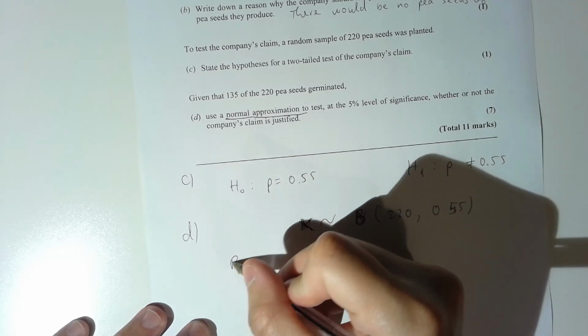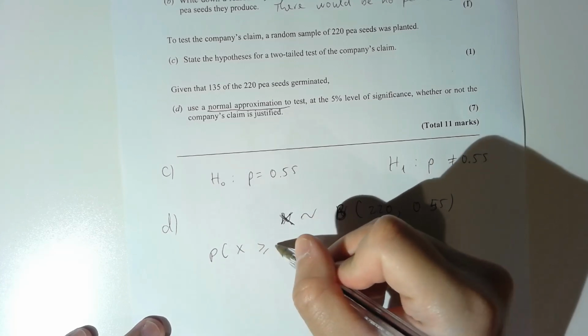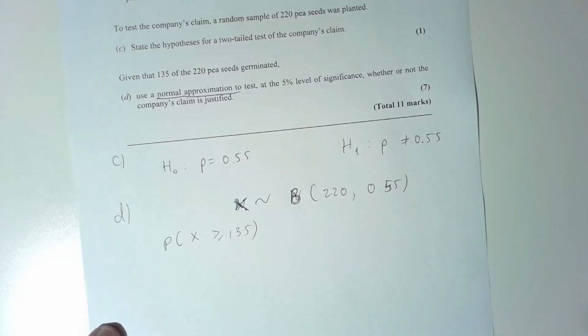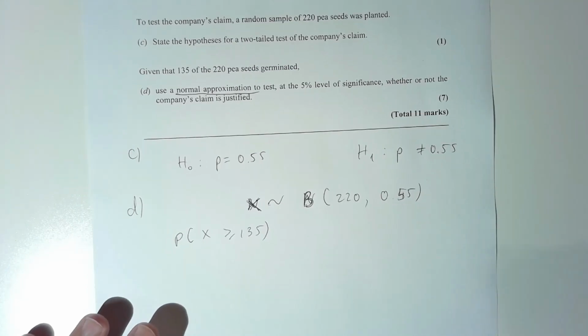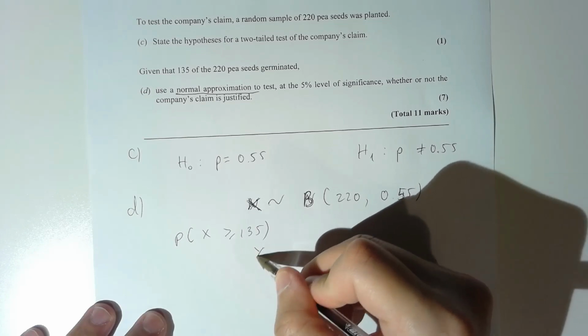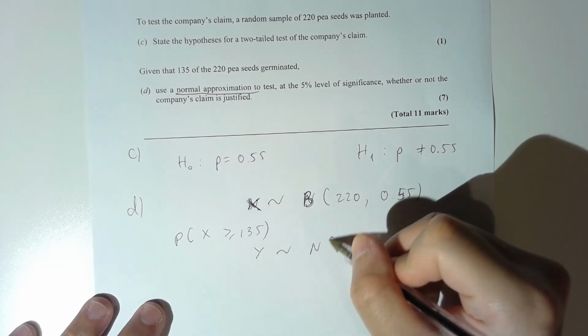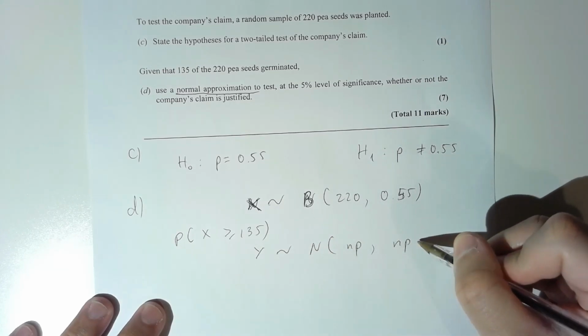So normally we would now find probability of X bigger or equal than 135 because that's right hand side tail. Now to work this out, we have to do normal approximation. So we're using Y value as the approximation. Y belongs to normal distribution, which you need to find the mean, which is np, and the variance npq.